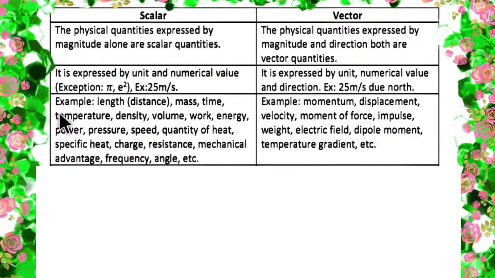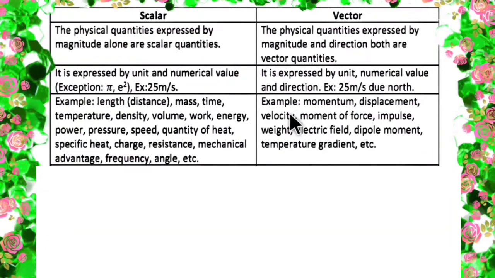Let us see a few examples of scalar quantity. The length or distance, mass, time, temperature, density, volume, work, energy, power, pressure, speed, quantity of heat, specific heat, charge, resistance, mechanical advantage, frequency, angle, etc. All these are the scalar quantity.